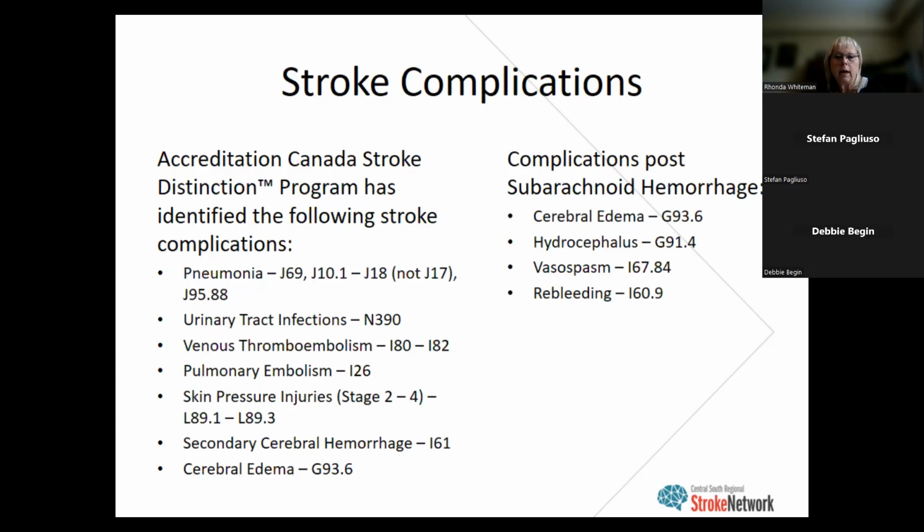I do flag that with subarachnoid hemorrhage, there are a bit of unique patterns we can see in these patients. Certainly, they may have the same complications that are listed on the left side of the screen, but again, they may have cerebral edema. They may have hydrocephalus due to blood blocking the CSF, the arachnoid villi, which causes hydrocephalus.